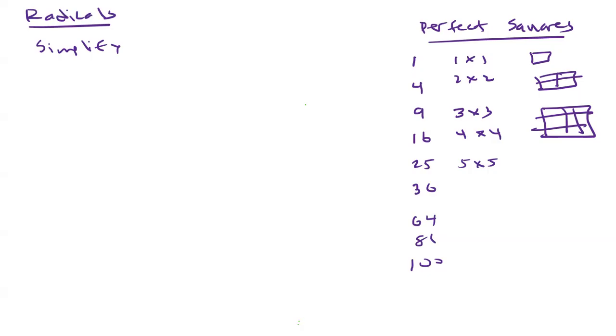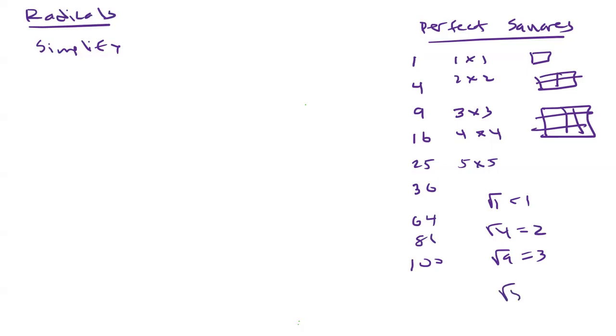All right, so when we deal with radicals, we need to think about the perfect squares. Okay, so as we know, the square root of 1 is 1, right? The square root of 4 is 2. The square root of 9 is 3, right? So on and so forth. Okay, so again, when we simplify this, we want to break them down into perfect squares because we know that those can be simplified easily.